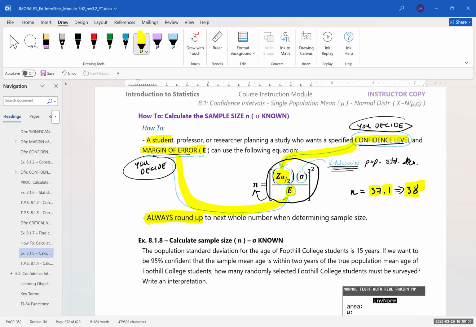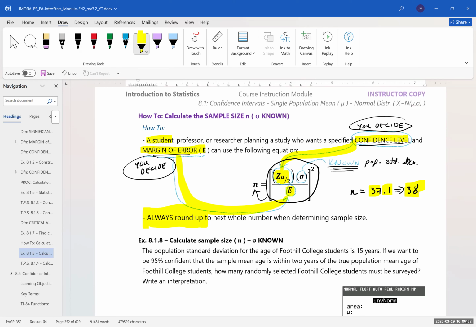So if you round up, you're dealing with a confidence level that's a little higher, or a margin of error that's a little lower. And that's a more conservative estimate. That's what you want to be: a little more careful. So that's why you always want to round up.